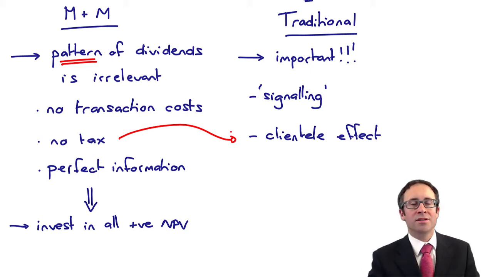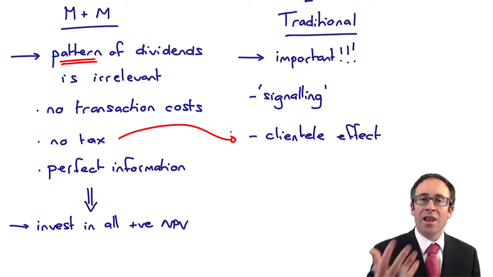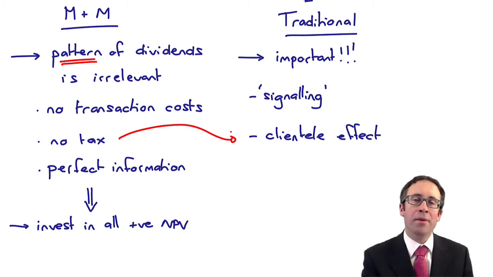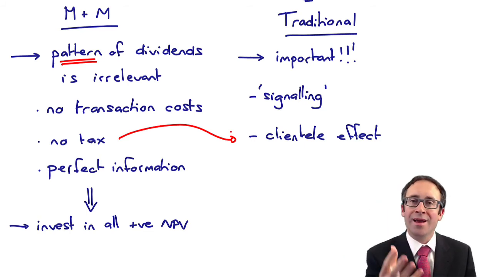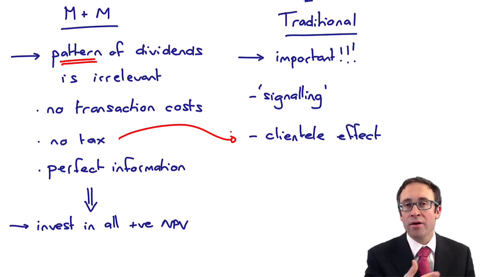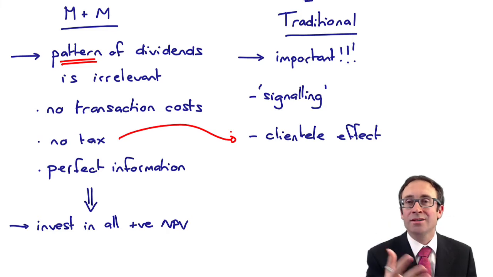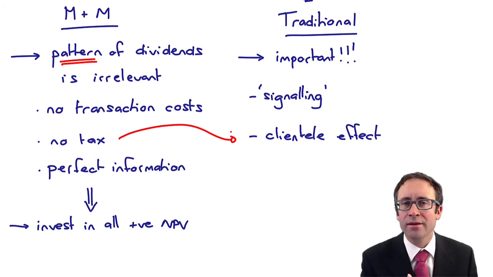Because different individuals will invest within different businesses because they like that pattern of dividends that are being paid, whether it's a percentage of your earnings, whether it's a dividend that grows every single year. They like that certainty, they like that knowledge. And the reason why is because maybe it might suit their tax portfolio and their tax planning. If you change the dividend, then you will change the clientele.